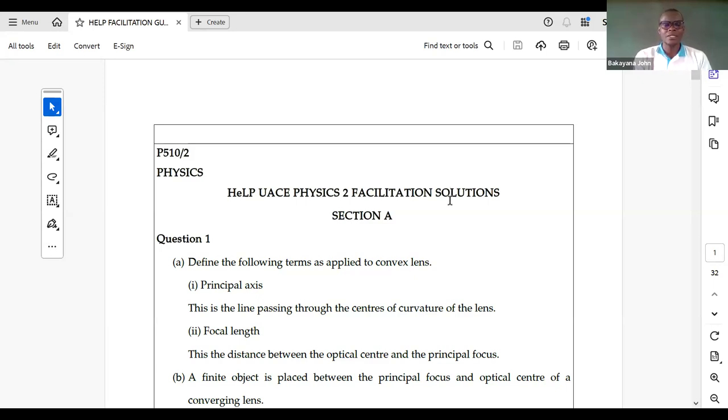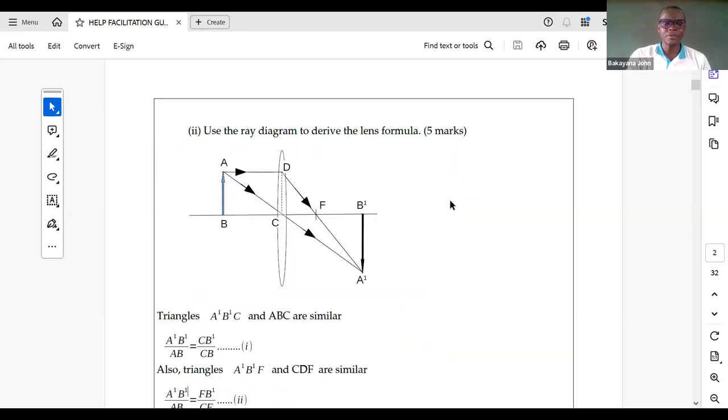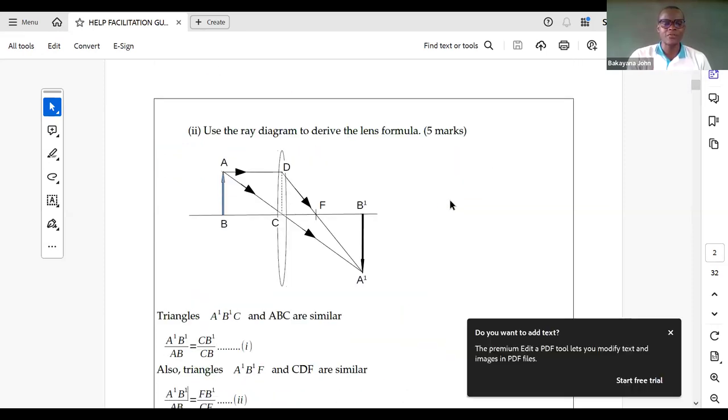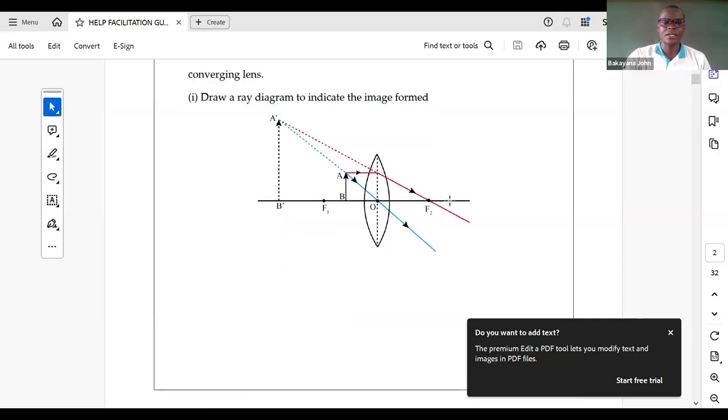Maybe I want to repeat what I said, that P510 Paper 2 has 4 sections: section A, section B, section C, and section D, where section A has both light and waves. We have section B, section C, where we have magnetism and AC circuits, and then section D, we have current electricity and electrostatics.